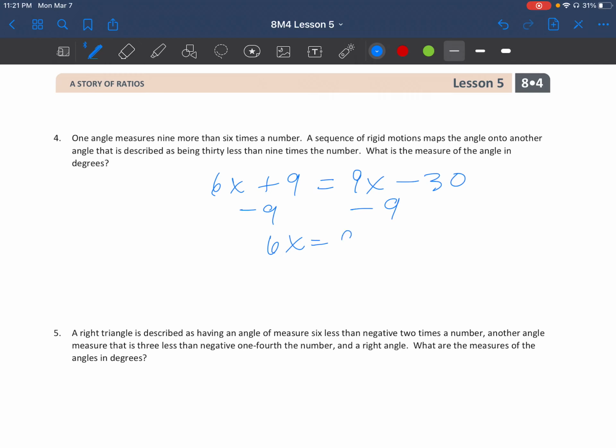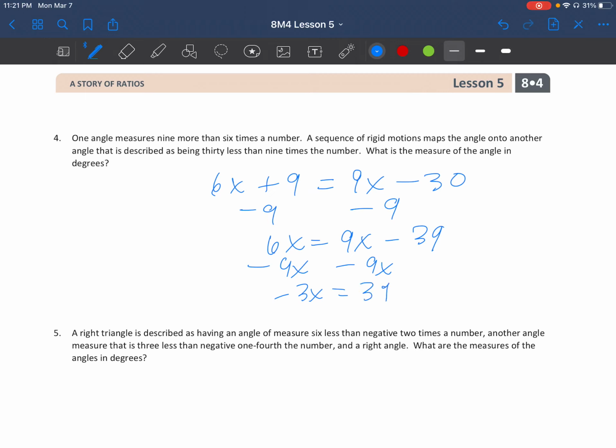All right, let's start by subtracting 9 from both sides. We end up with 6x is equal to 9x minus 39. And then let's go ahead and subtract 9x from both sides.